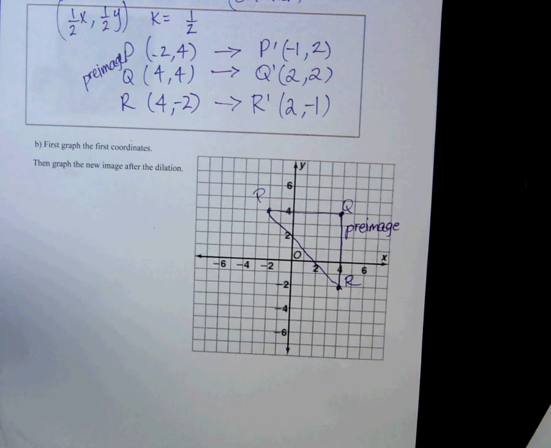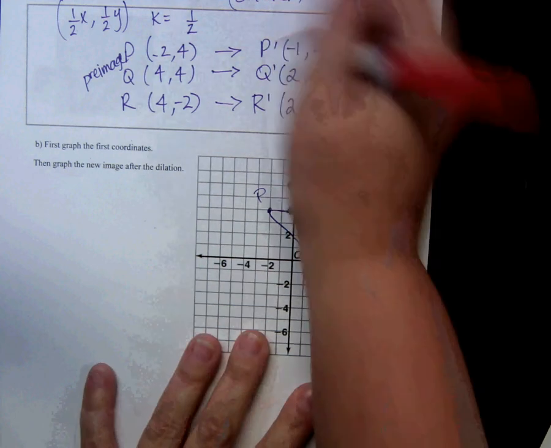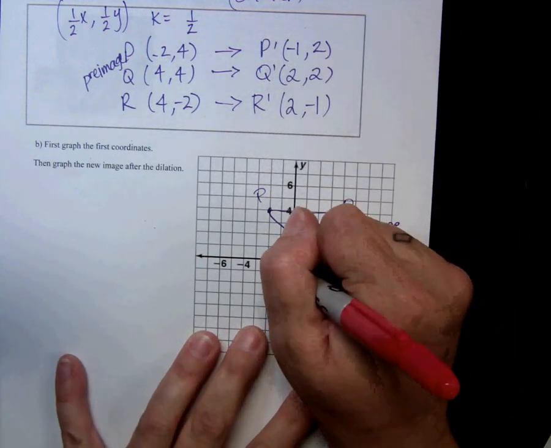Okay, and now we need to go and graph our image to see what it would be. And I'm grabbing another color. Okay, if we go and graph our image now, our P prime is a negative 1, 2.